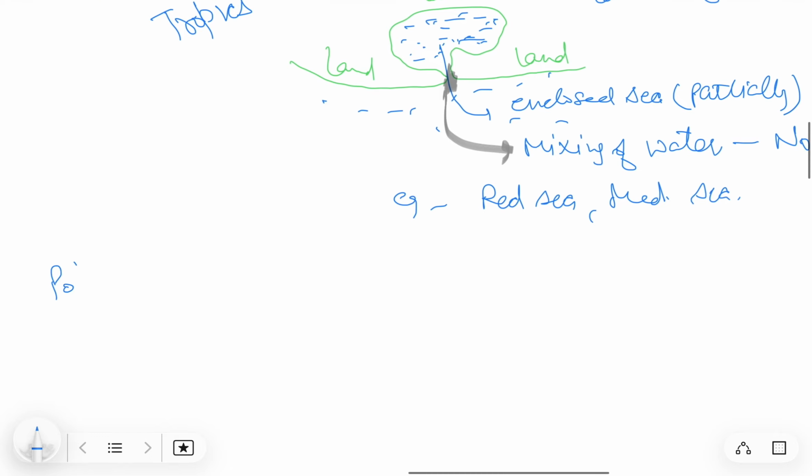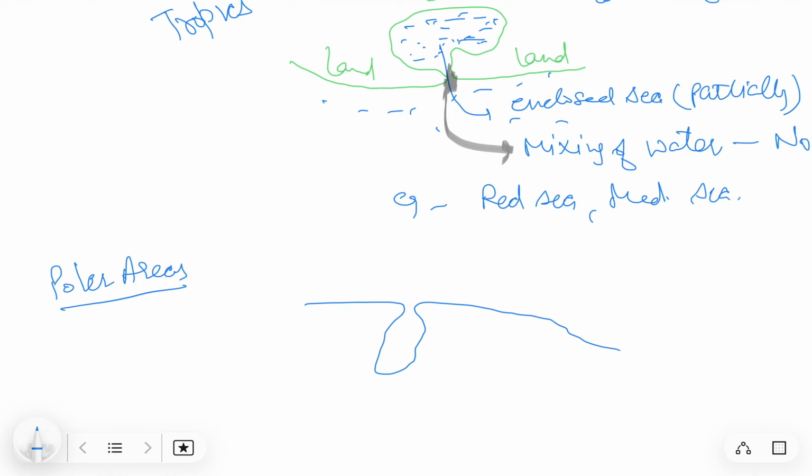And similarly, in case of the polar areas, here we have the land surface, here we have the land surface, and here we have the water. So here also there is not a good mixing of water.